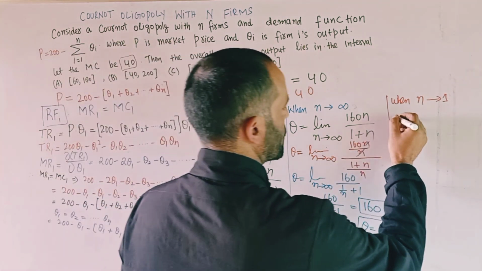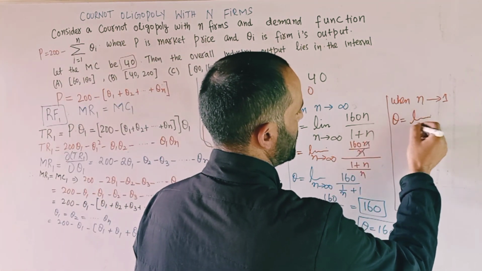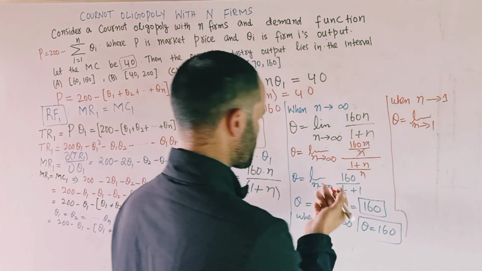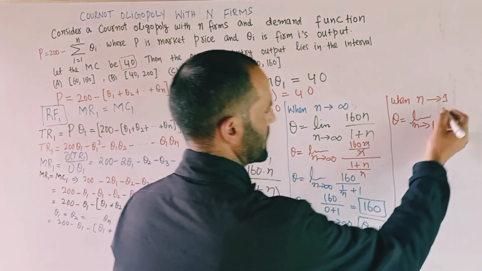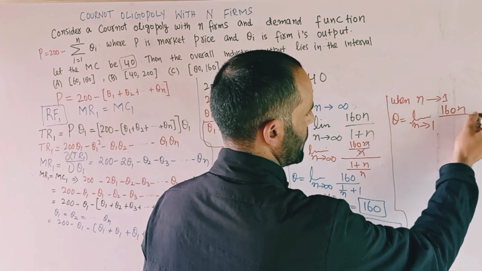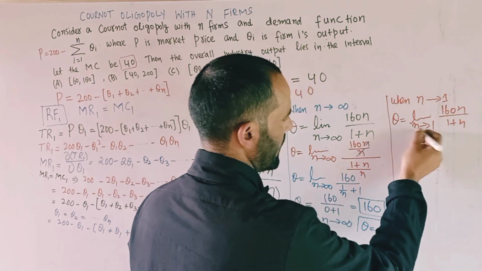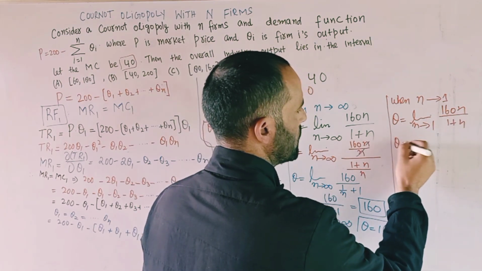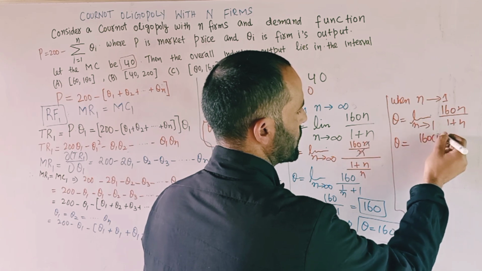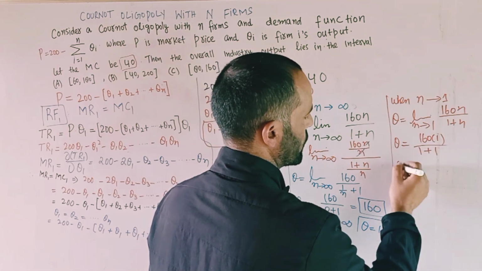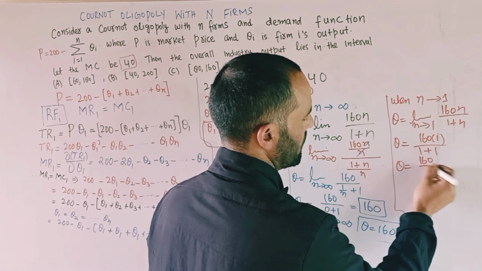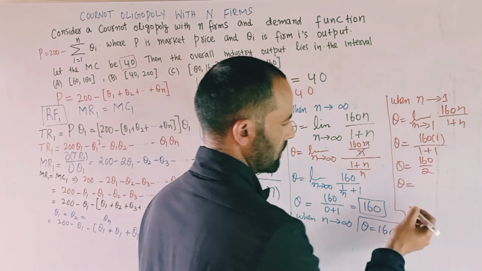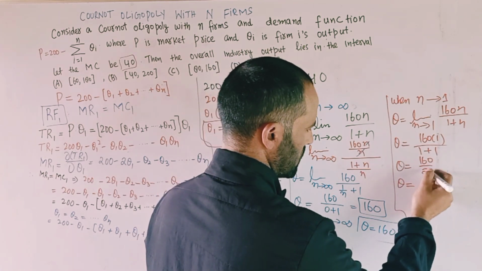Q will be equal to the limit as n tends to 1 of 160 n divided by 1 plus n. Simply plug n is equal to 1 here. So Q will be equal to 160 into 1 divided by 1 plus 1, which is 160 divided by 2, giving us output equal to 80.